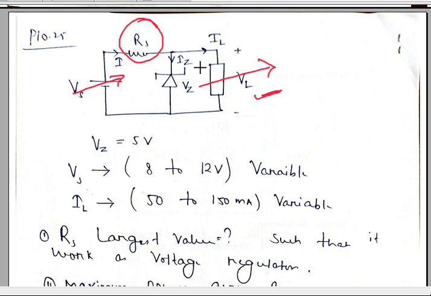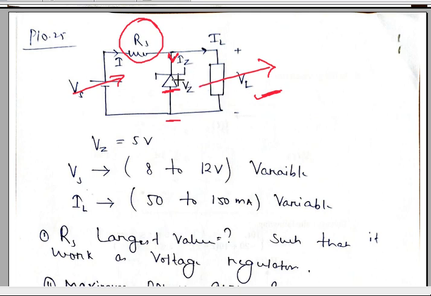Now this is only possible if this Zener diode is in breakdown. Zener diode will be in breakdown only if it gets minimum current. If it does not get the minimum value of current, then it will not be in breakdown. That means it will not act as a constant voltage device, and this load is not going to get the constant voltage.